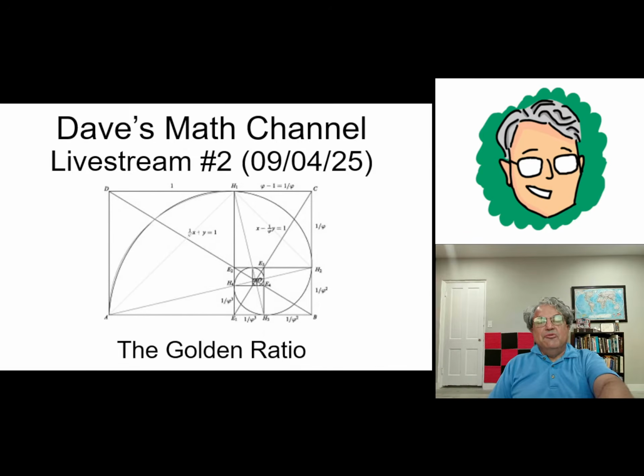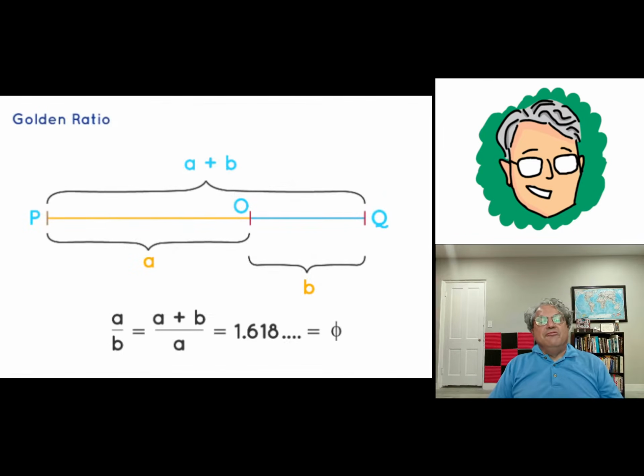Anyway, let's just begin. So first, I'm going to define the golden ratio. I'm sure most of you have probably seen this before, but the golden ratio is usually first defined in terms of this thing called the golden section.